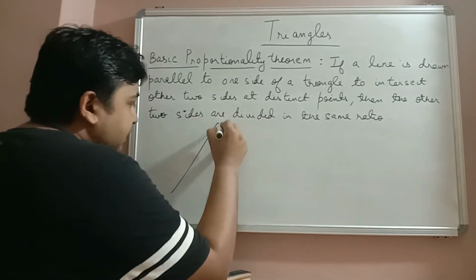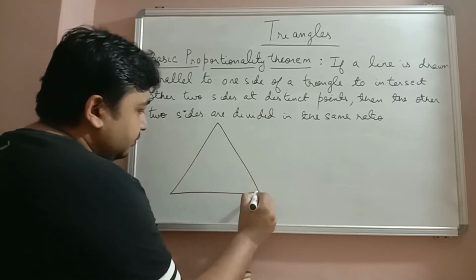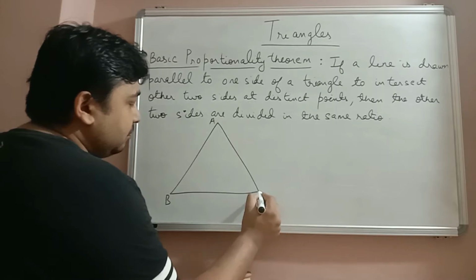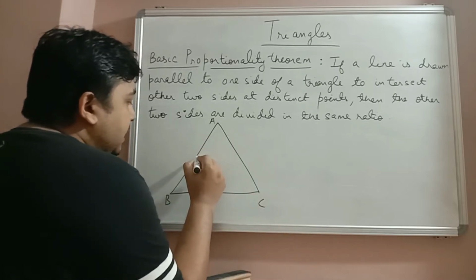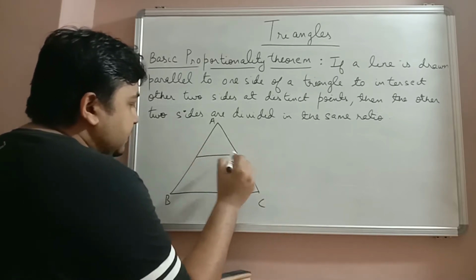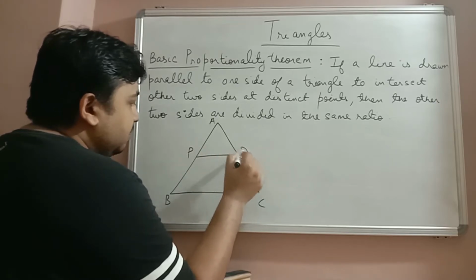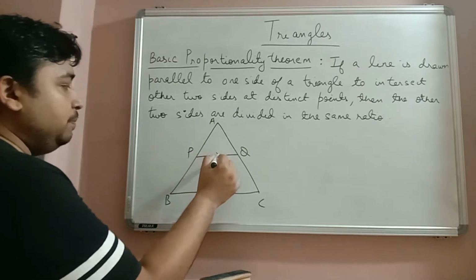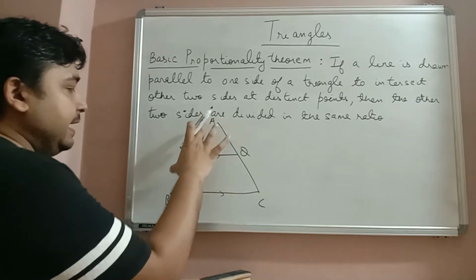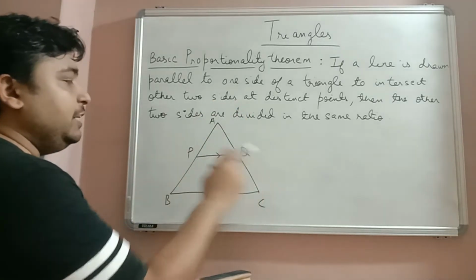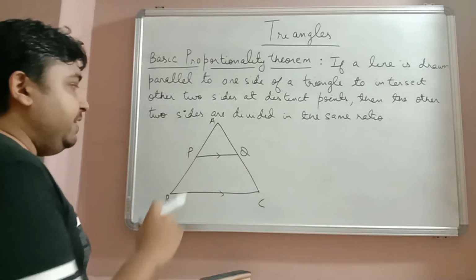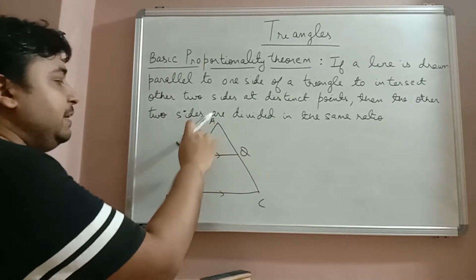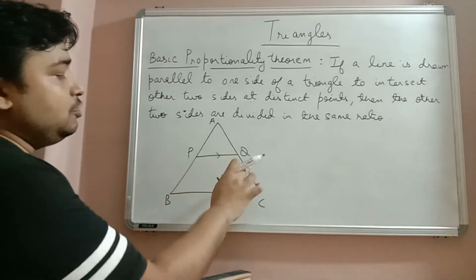If I have a triangle ABC, I draw a line parallel to BC, the line is PQ, which is parallel to BC, intersecting AB and AC at distinct points P and Q, then definitely AB and AC will be divided in the same ratio by these two points.